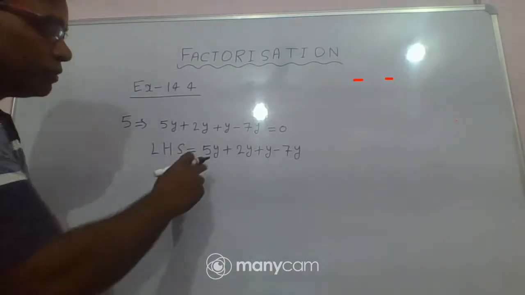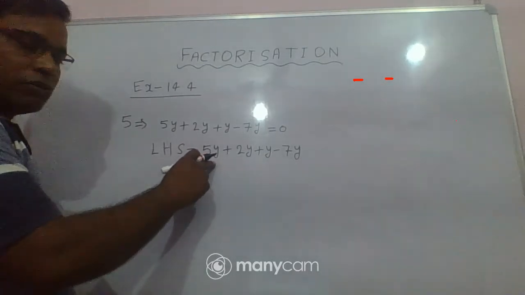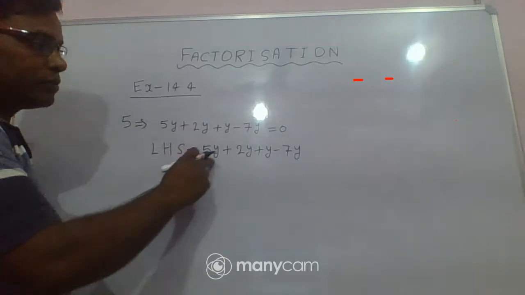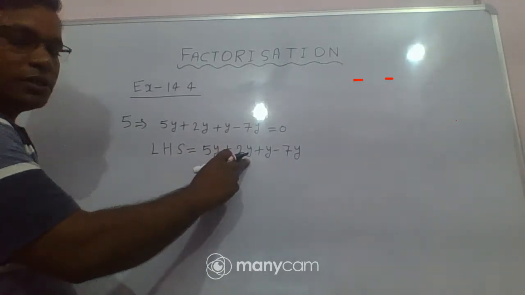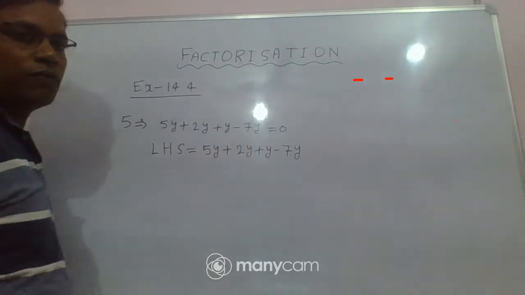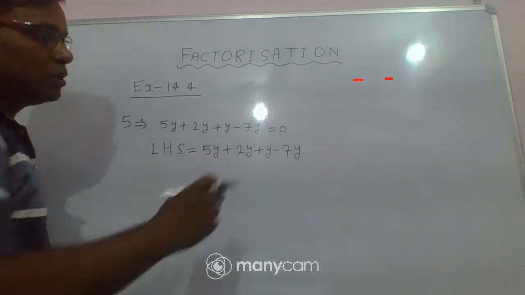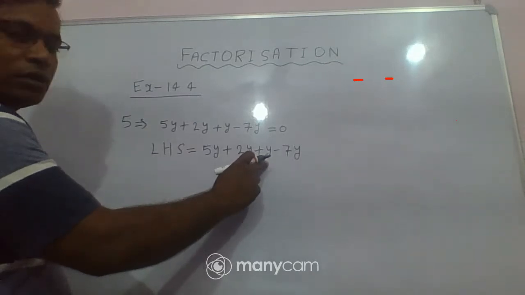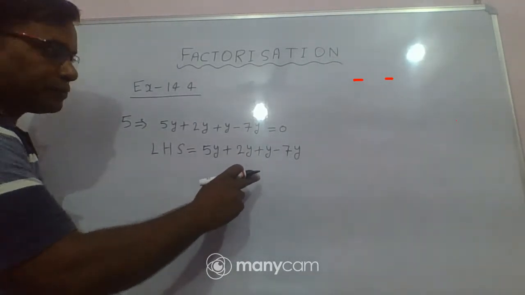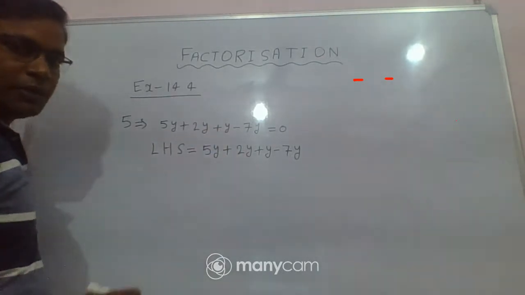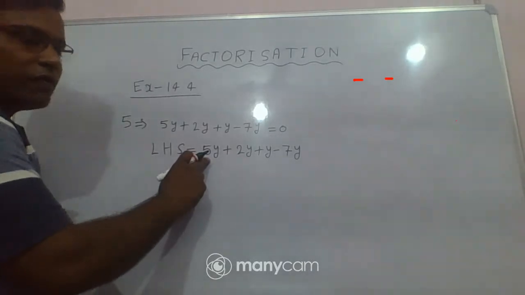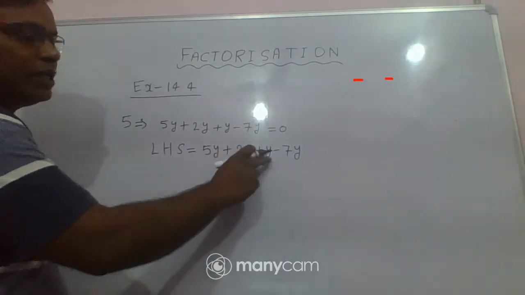So in addition or subtraction, we add or subtract only the coefficients of the variables. So you can see here 5y. What is the coefficient of 5y? 5. Here the coefficient of 2y is 2. Here the coefficient of y is 1, nothing but 1. So addition is possible.